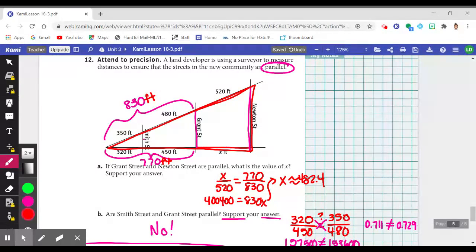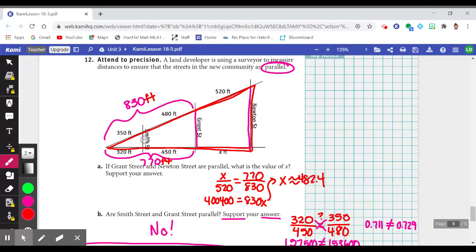So the way I wrote my proportion was I compared x, a part or a portion of this larger triangle, to a similar part on the other side of the triangle, 520. And again, if you start with this side of the triangle on the first ratio, you have to start with this side again on the second ratio. That's why I chose 770, this distance here.